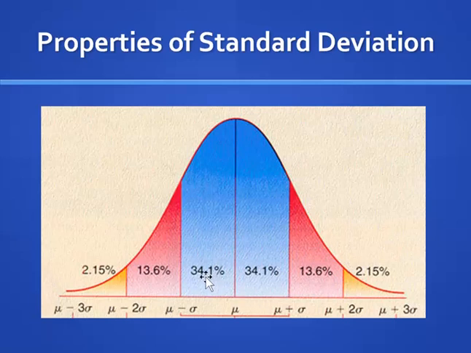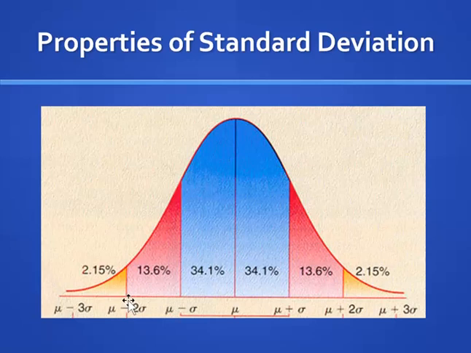So if we were to sum up these two areas, it represents -1 to +1 standard deviations of the mean. And roughly what? 68.2% in a normal distribution. 68.2% of all our scores, almost 70% of our scores, fall within 1 standard deviation of the mean if we're dealing with a normal distribution.